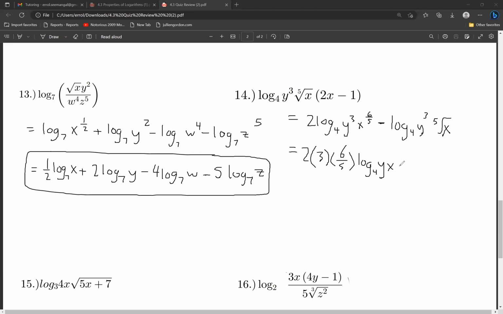And then this one is minus 3 times 1/5 of log base 4 of y over x, right? Now I just multiply those, and that's it.